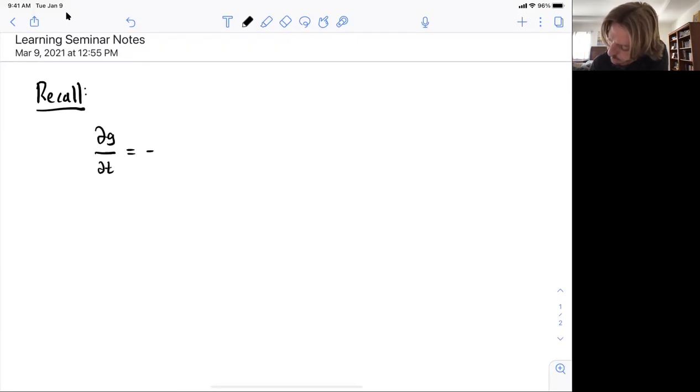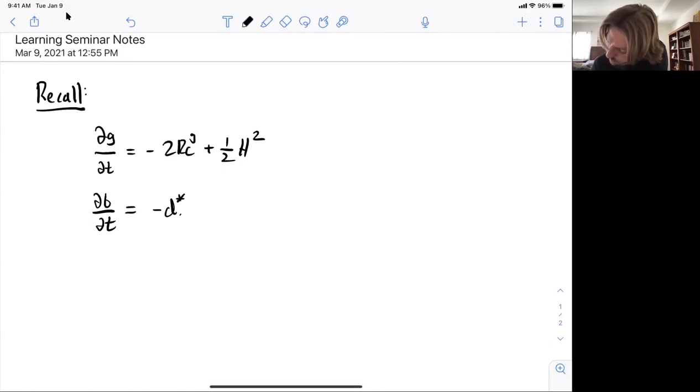dg/dt is minus twice Ricci g plus 1/2 h squared, and dB/dt is minus d star g h, where h is some background h plus dB.